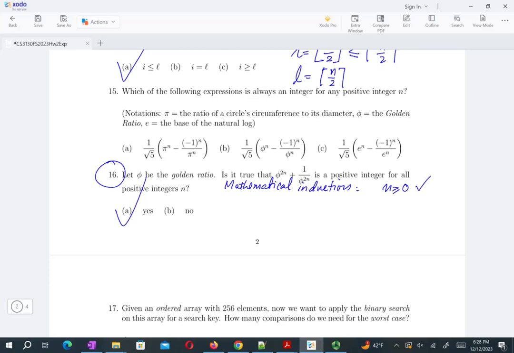Because when n equals 0, it is 1 plus 1 equals 2. It's also a positive integer. But n equals 1, phi squared plus 1 over phi squared. Can you see this is an integer? So let's take a look. Phi squared plus 1.